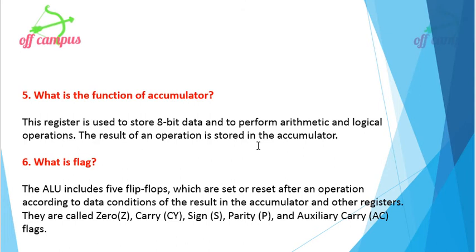Question number 6, what is a flag actually? The arithmetic and logic unit includes 5 flip-flops. A flag is a 1-bit register used to store 1-bit data. The ALU includes 5 flip-flops which are set or reset after an operation according to the data conditions of the result in the accumulator and the registers.